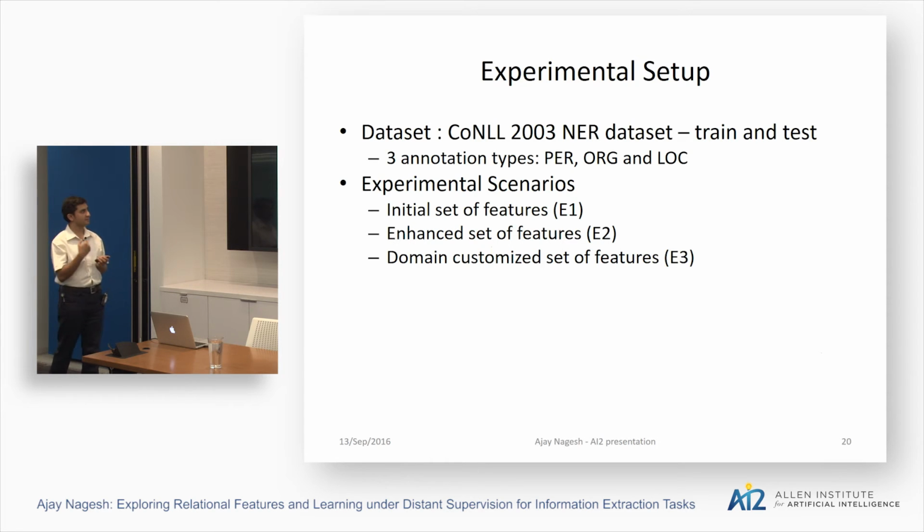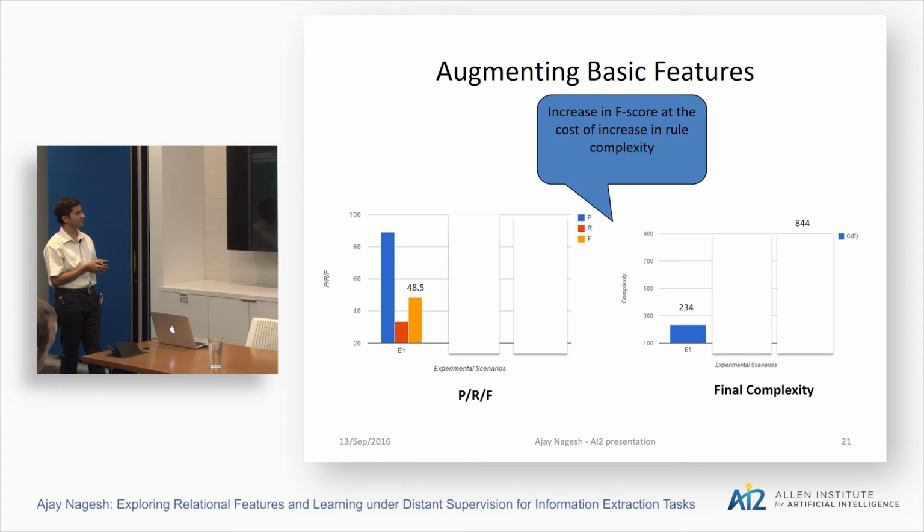We enhanced this set with more domain independent dictionaries and regular expression rules to get the second scenario, E2. Then we have a domain customized set of features. In the CoNLL domain, a lot of country names have been tagged as organization because they occur as sports teams. So we added those kinds of features to see how best the system can perform if we are given a domain customized set of features.